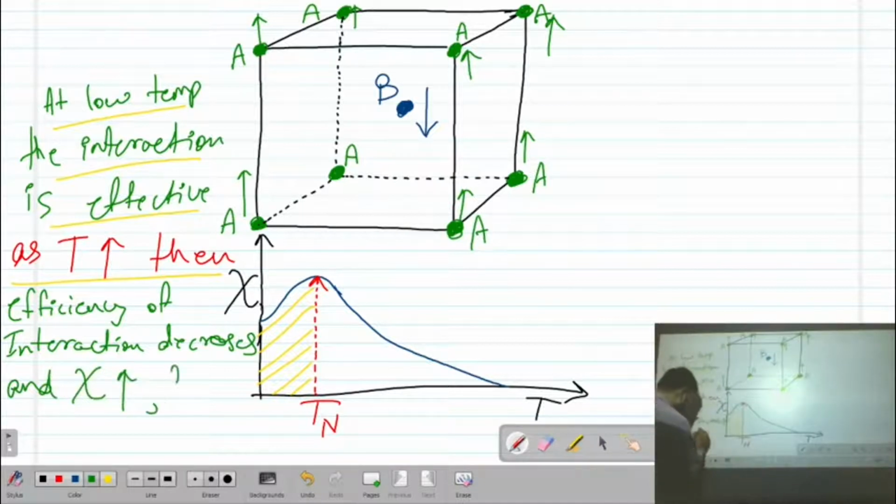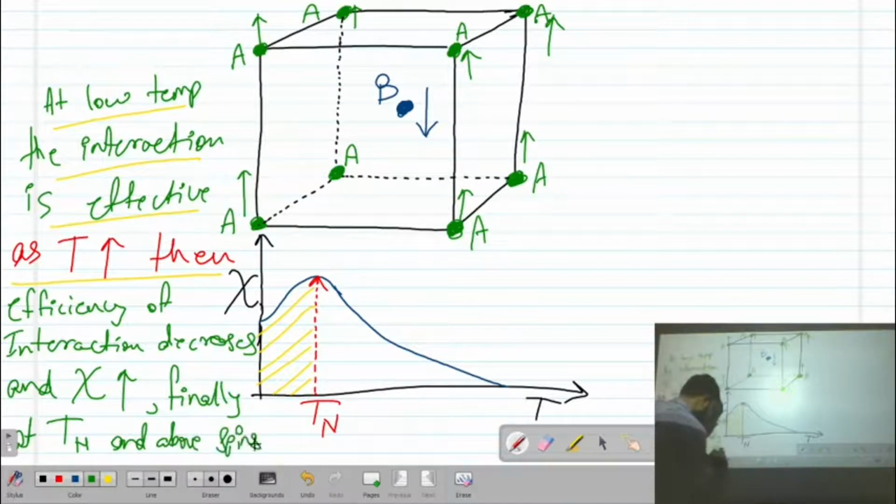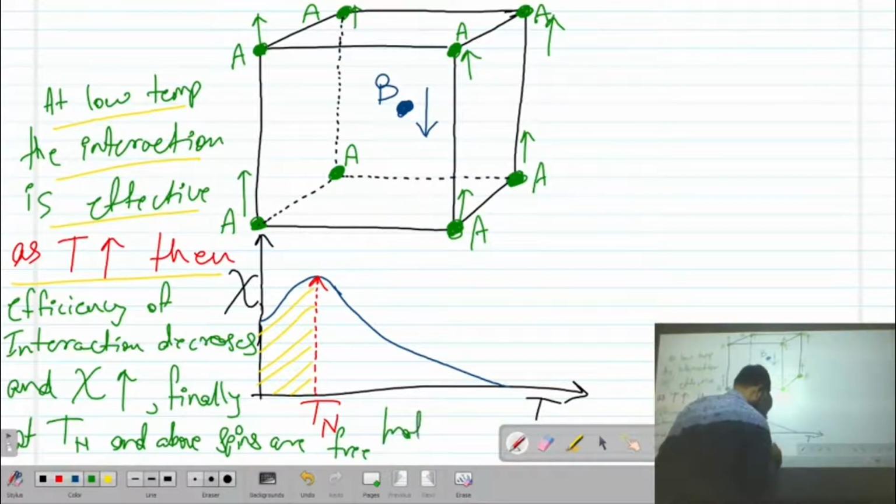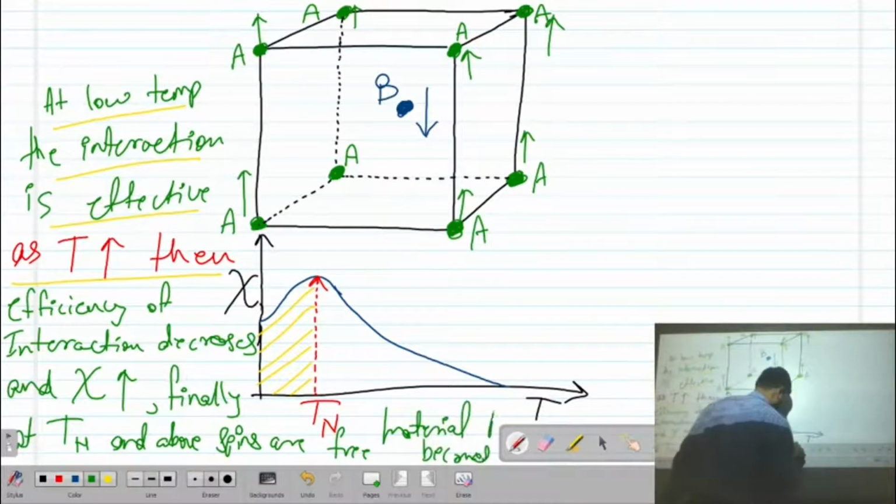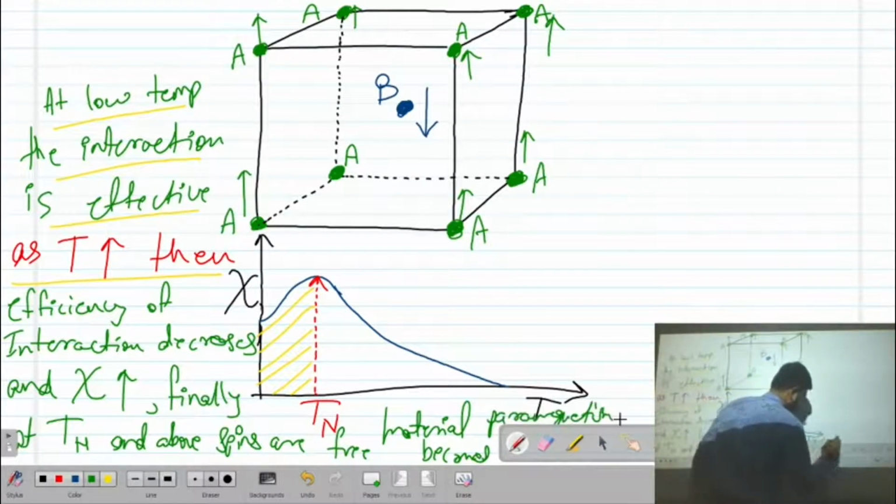Finally, at T of N, the spins are free, and above it the spins are free and the material becomes paramagnetic.